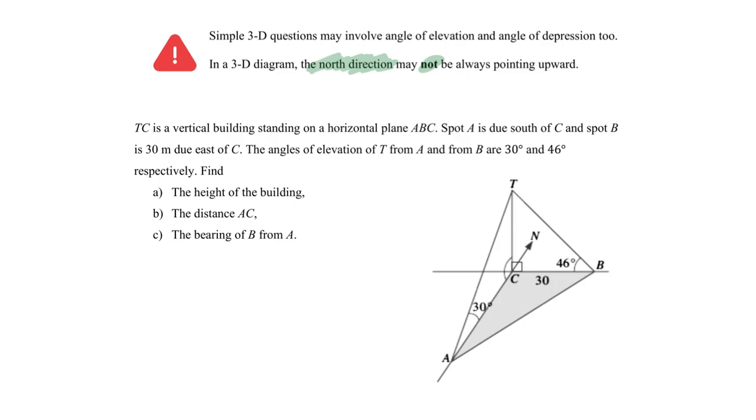This tells me a very important clue: there is a right angle here, and there's one right angle here as well. So triangle ABC is a right angle triangle. Angles of elevation of T from A and B are also given. Find the height of the building.